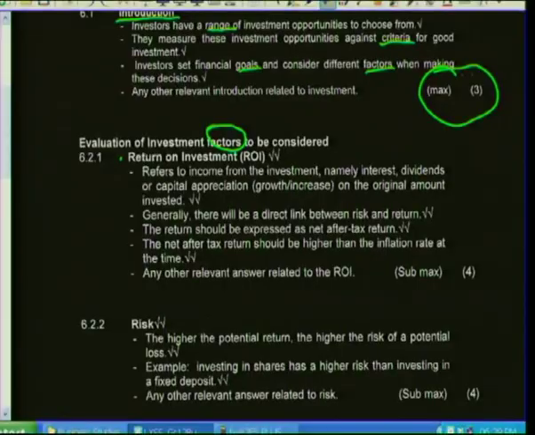And look at this. It says this return should be expressed as a net after-tax return. We need to have a look at the net after-tax return. This should be higher than the inflation rate. What is the inflation rate?